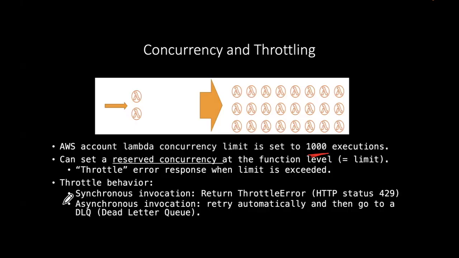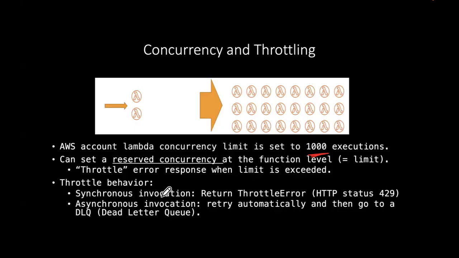So depending on whether your Lambda invocation is using the synchronous integration or asynchronous integration: if it's a synchronous invocation, then it's up to the client to deal with these 429 status code responses. Typically it would retry, maybe delay for a short period of time and then retry.